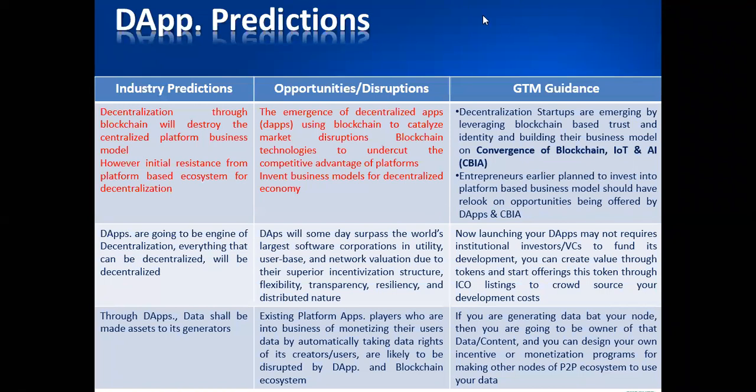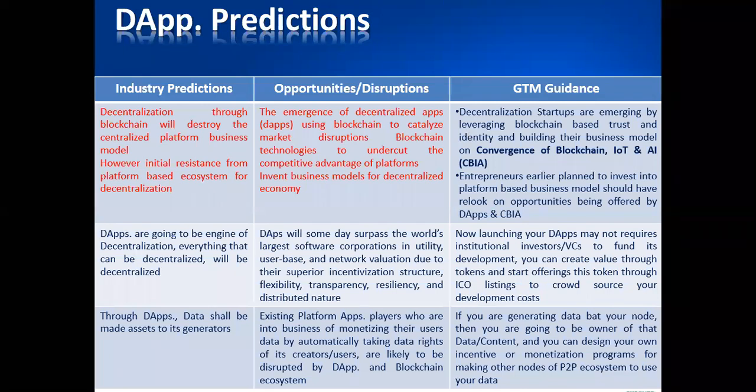The GTM guidance here is: decentralized startups are emerging by leveraging blockchain-based trust and identity and building their business models on the convergence of blockchain, IoT, and AI. So CBIA, the convergence of blockchain, IoT, and AI, is the biggest happening thing.